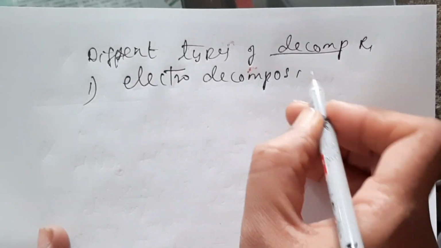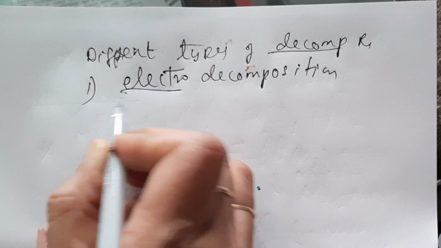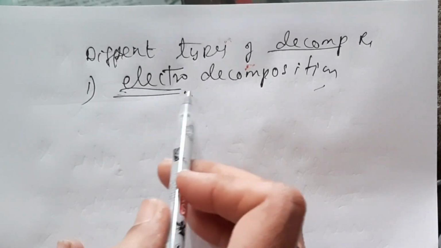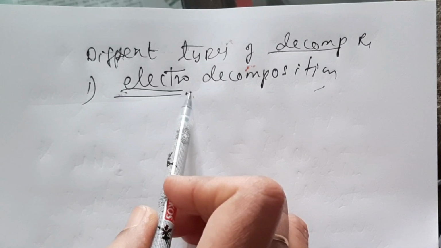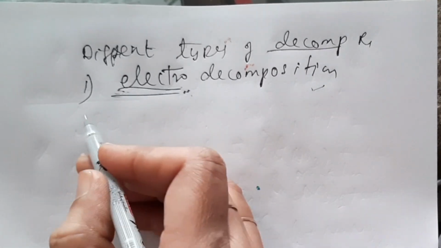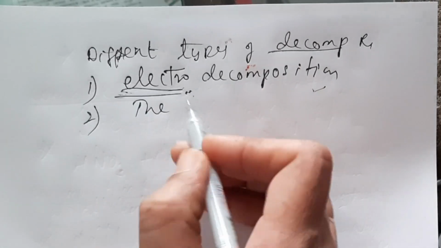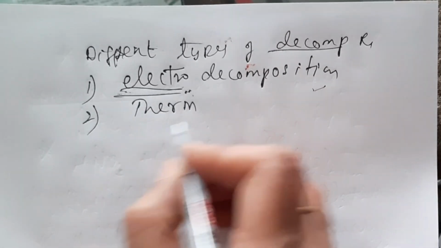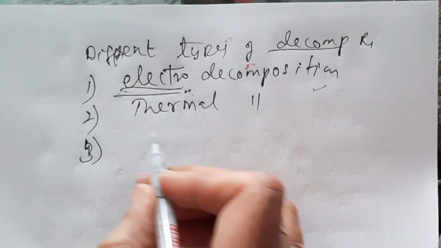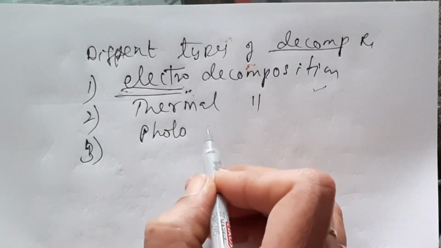The name itself says we are using electricity. The decomposition which is carried out in the presence of electricity is called electro decomposition. The second one is thermal decomposition, and the third one is photo decomposition.